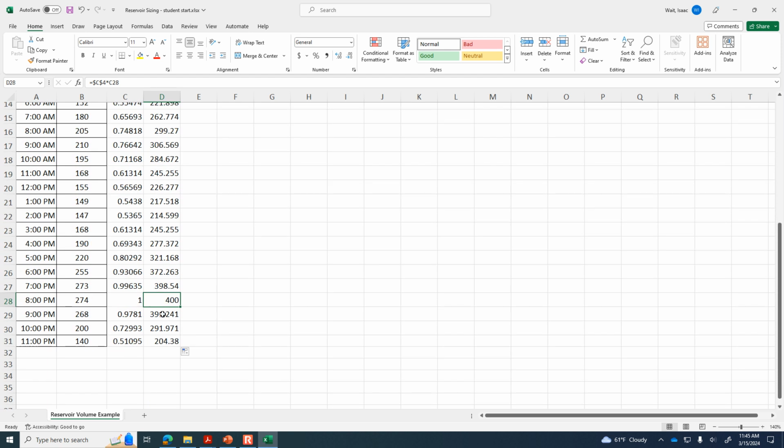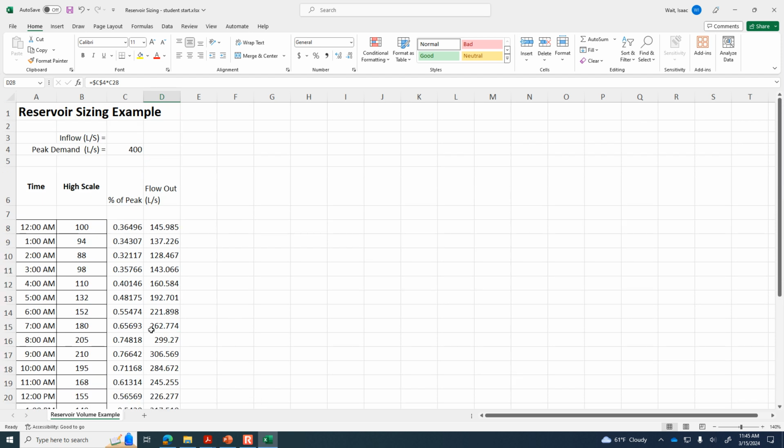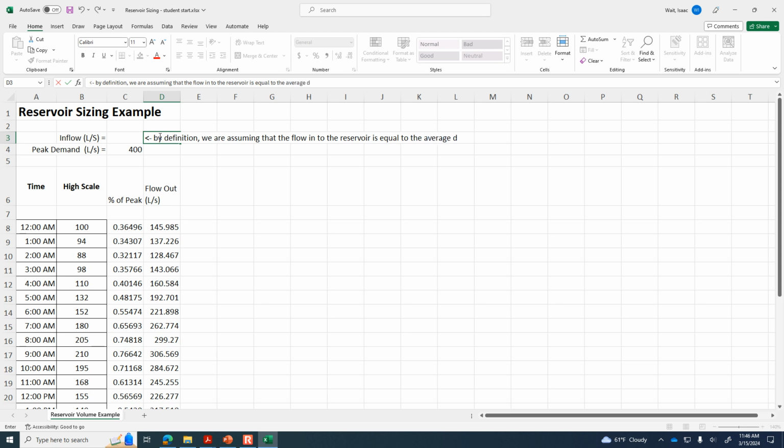Okay, so the inflow, in order for this reservoir to have as much going in as it has going out, this is really important, we have to find out what's the average flow out. So by definition, we are assuming that the flow into the reservoir is equal to the average daily flow out.